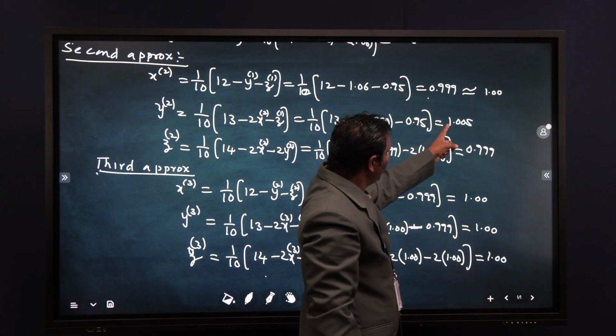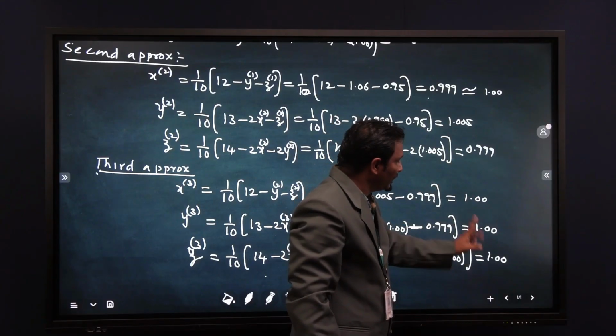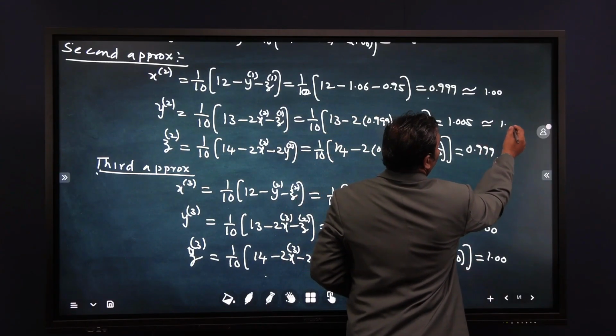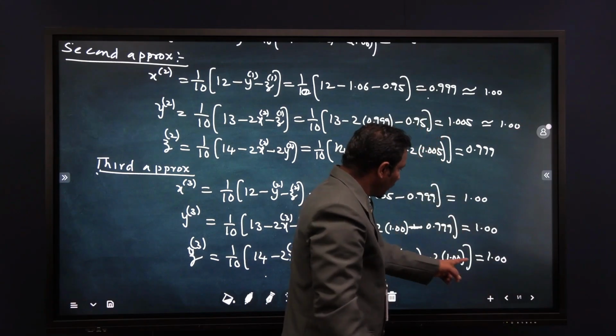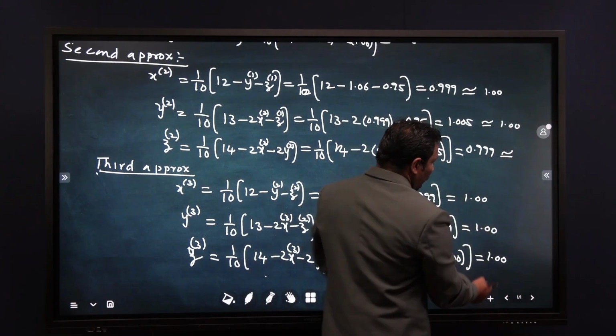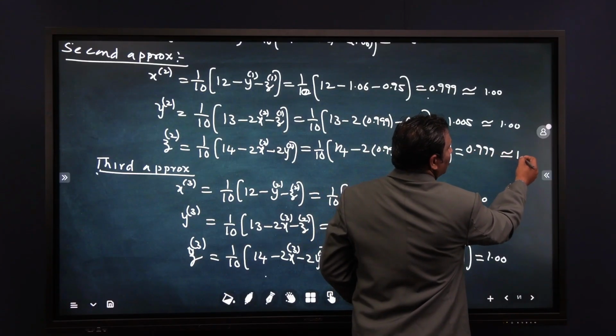Similarly, 1.005 of the y second approximation and the third approximation of y is also nearly equal to 1.00. And the z third approximation value is 1 and the second approximation value is 0.9, so nearly equal to 1.